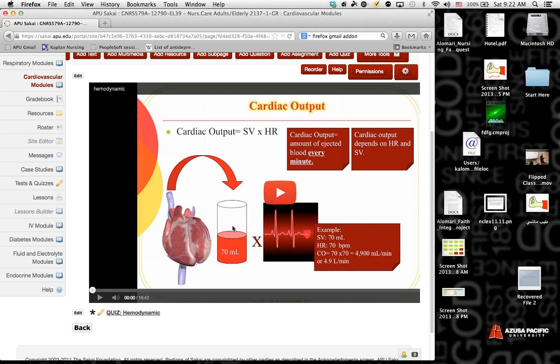So if we have enough preload that goes to the right atrium, down to the right ventricle, to the pulmonary circulation, to the left atrium, down to the left ventricle, then we will have normal cardiac output. If the start is low, the end will also be low. So if the preload is low, the cardiac output will also be low. That's another clinical significance for the preload.